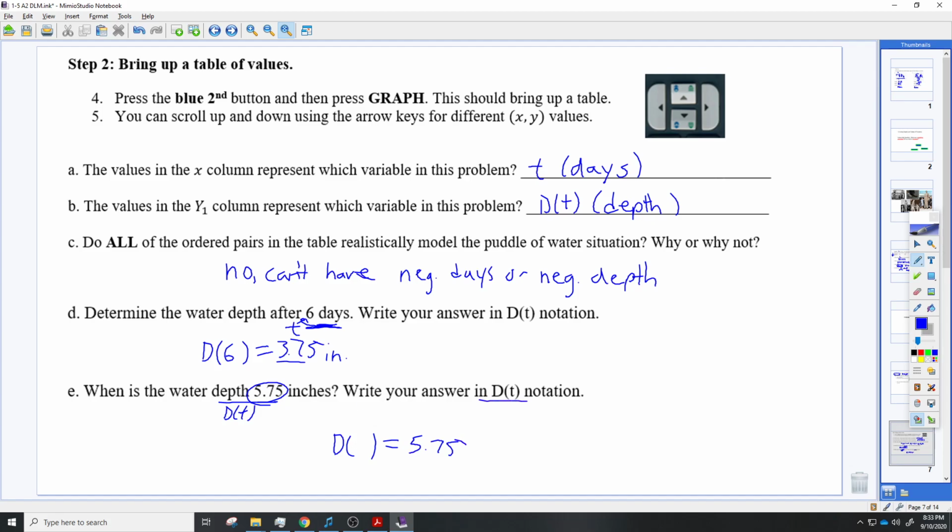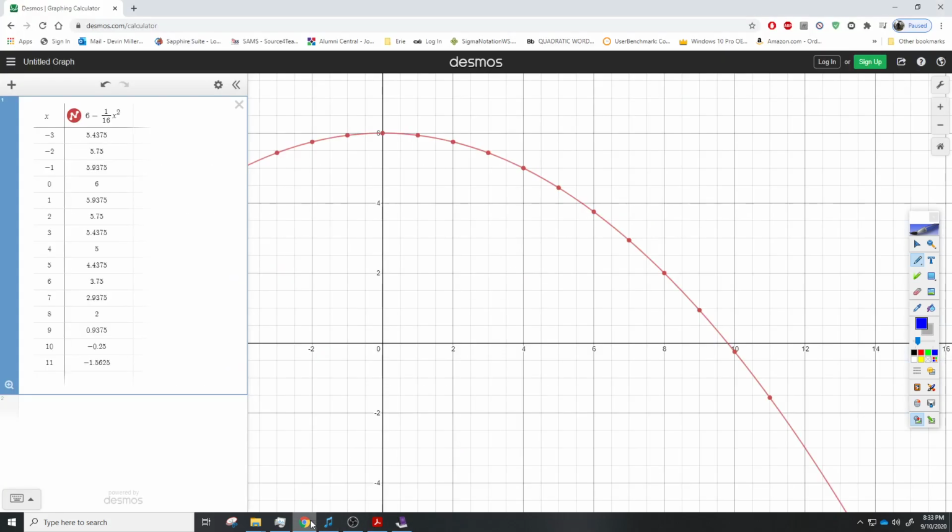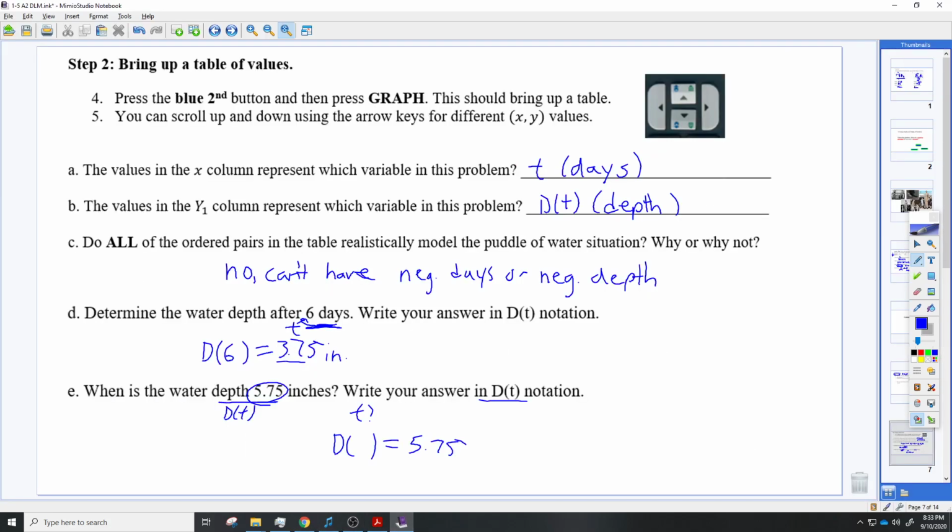So we're trying to find t. What day is it? So when is it 5.75? Right here. That would be after day 2. So put 2. So d of 2 equals 5.75.